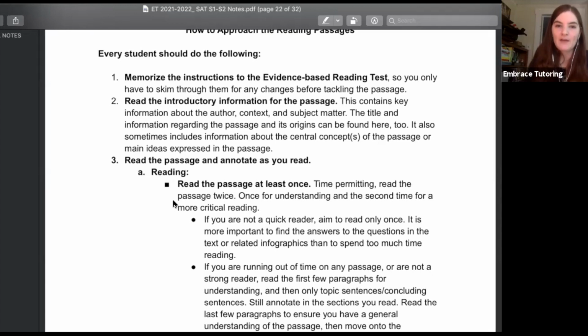But everyone should be familiar enough with the instructions for each section that they only really have to skim them at this point to make sure nothing's changed, and that you can just continue focusing exclusively on the section at hand. Okay.